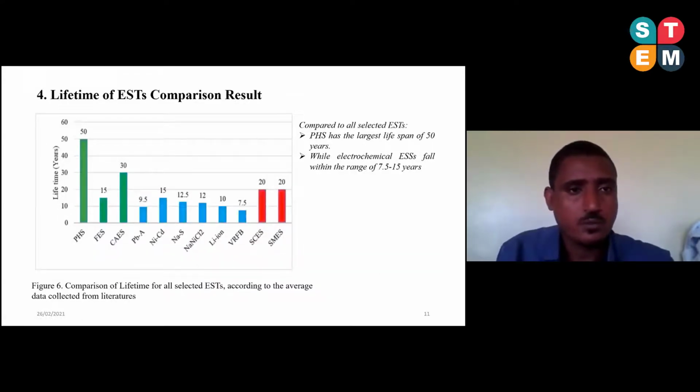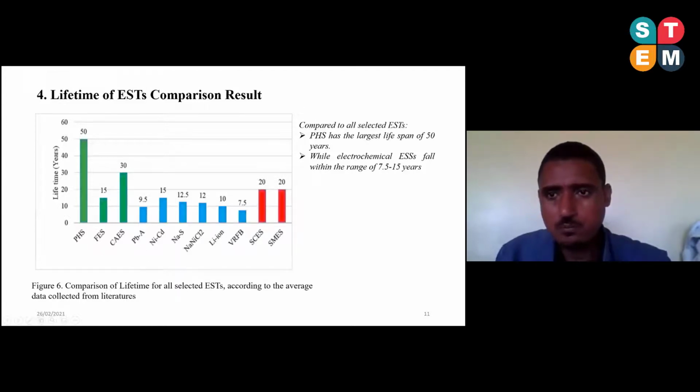When you compare in terms of lifetime, the mechanical energy storage types, specifically pumped hydro storage, have a high lifetime, almost around 15 years. Electrochemical energy storage has a shorter lifetime compared to others, within the range of 7.5 up to 15 years.